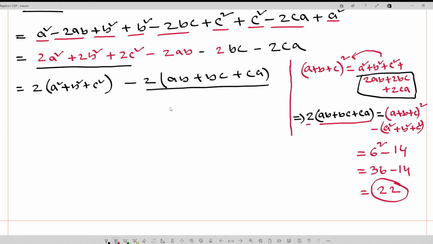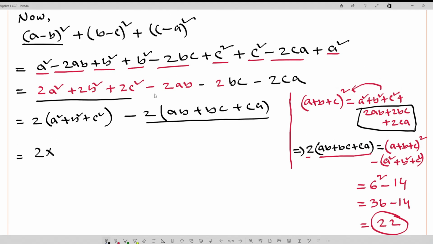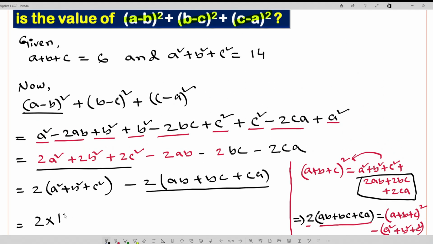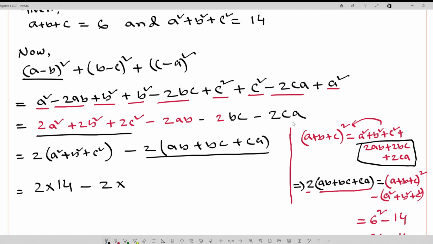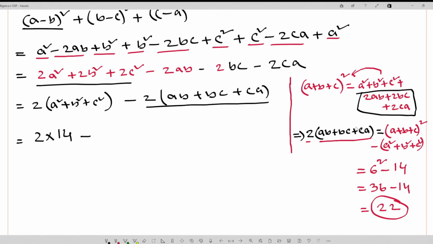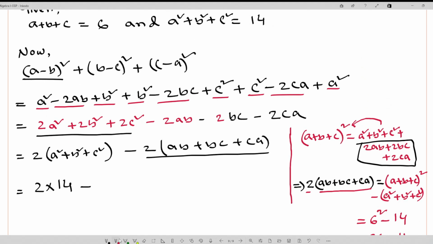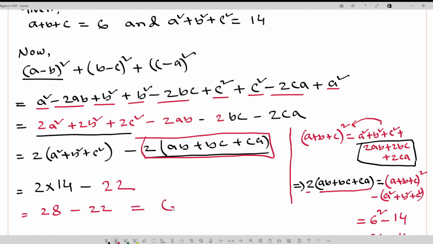Putting this in: 2 times (a² + b² + c²) is 2 times 14, which is 28, minus 22. The result is 6, and this is our required answer.